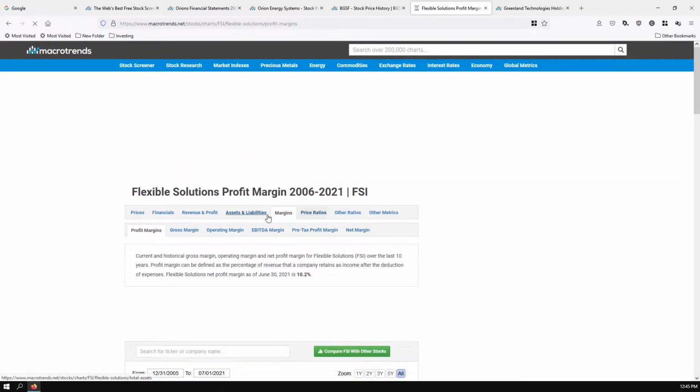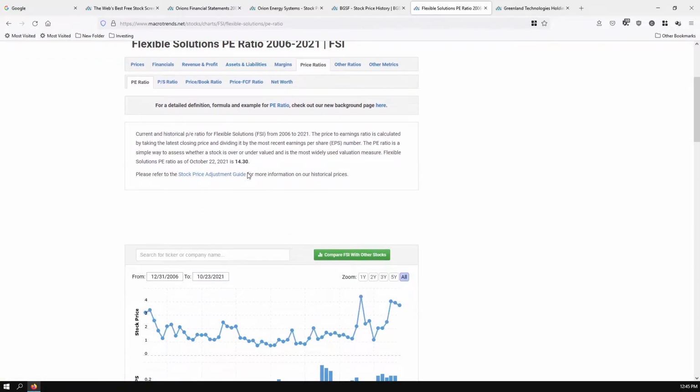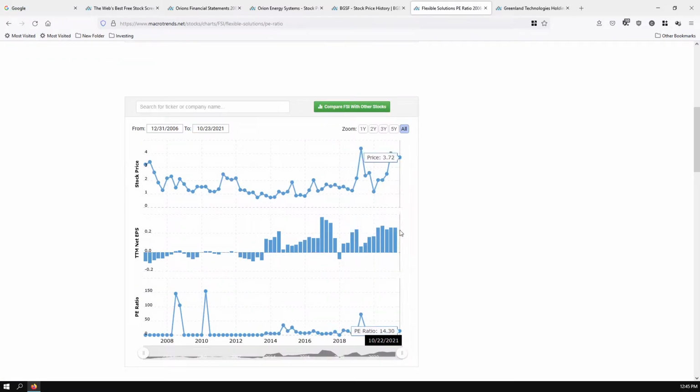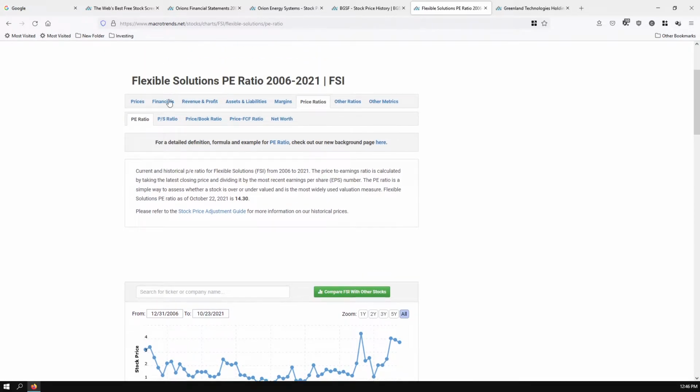Then I go to the price ratios. The PE ratio is 14.30, which is getting to be a little expensive, although the price has run up recently, has just about tripled from their low there. EPS consistently high. PE ratio seems about right.